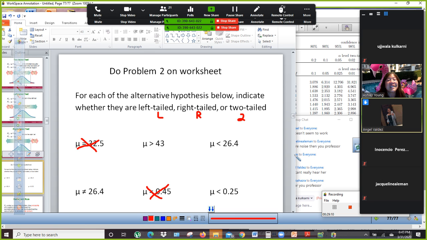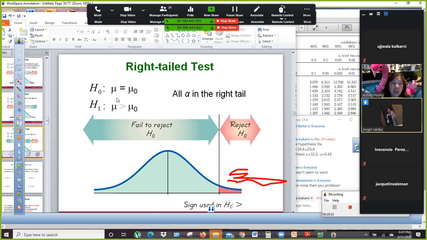Since the null hypothesis is always equals, we can't really say whether it's left-tailed or right-tailed or two-tailed, because every single one is always going to have an equal to. Do you see what I'm saying? So every single test will have an equal to part. It's just the alternative that determines whether it's left, right, or two-tailed. Does that kind of make sense?